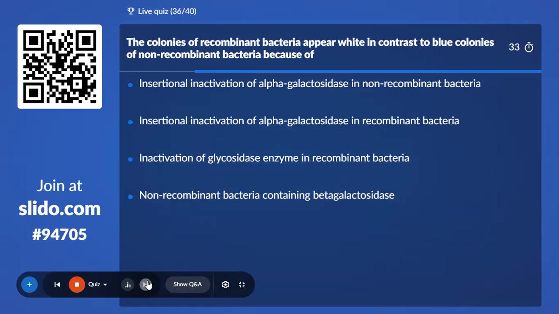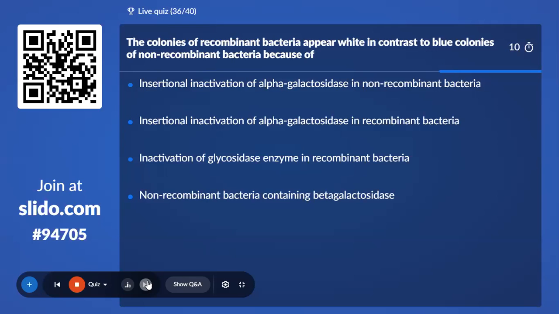The colonies of recombinant bacteria appear white in contrast to blue colonies of non-recombinant bacteria because of: option A, insertional inactivation of alpha-galactosidase in non-recombinant bacteria. Option B, insertional inactivation of alpha-galactosidase in recombinant bacteria.